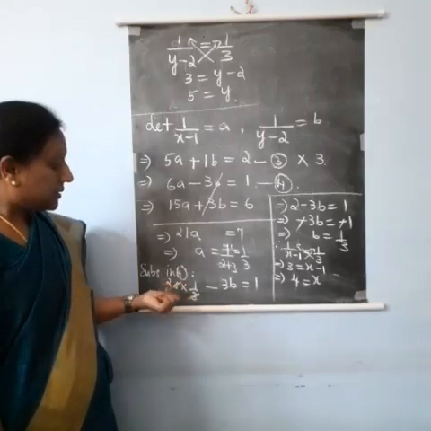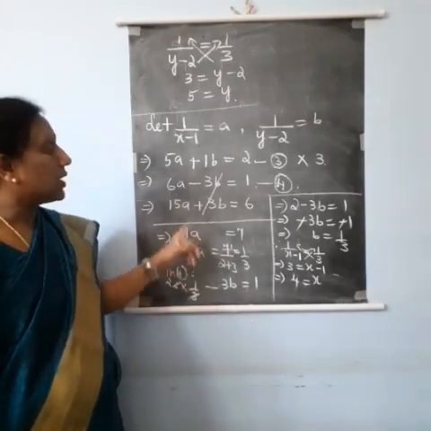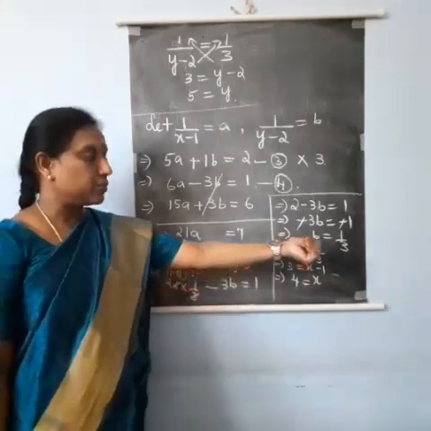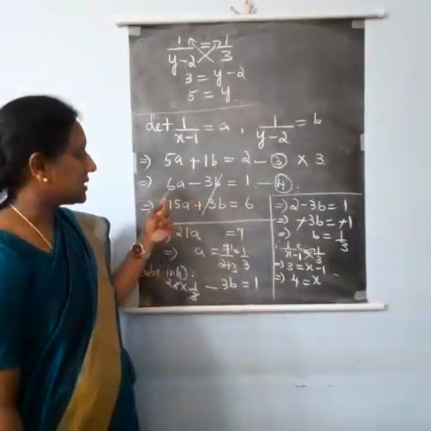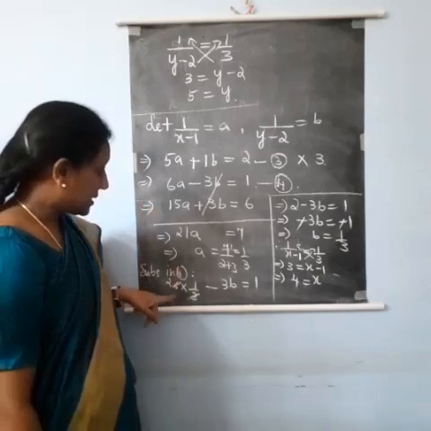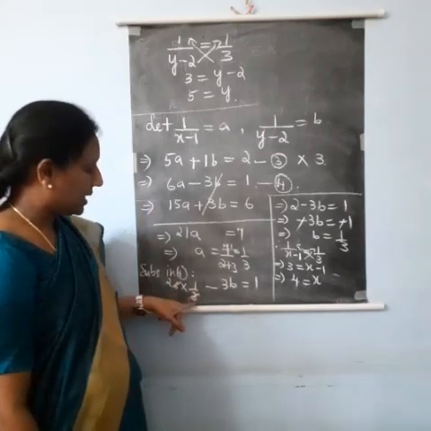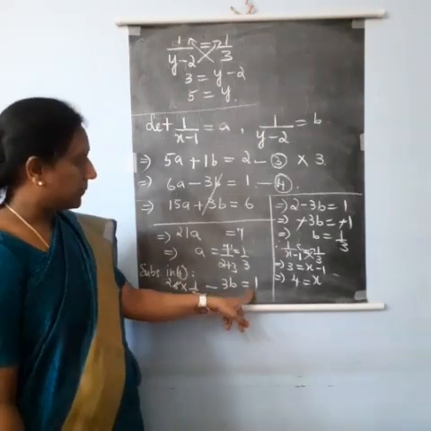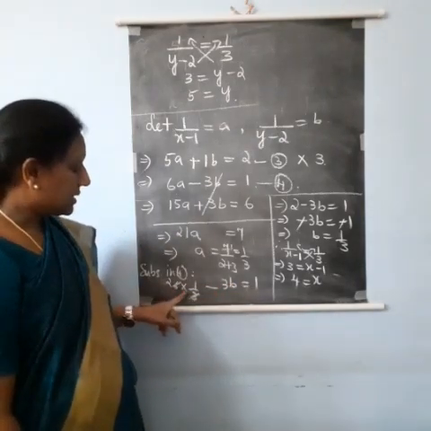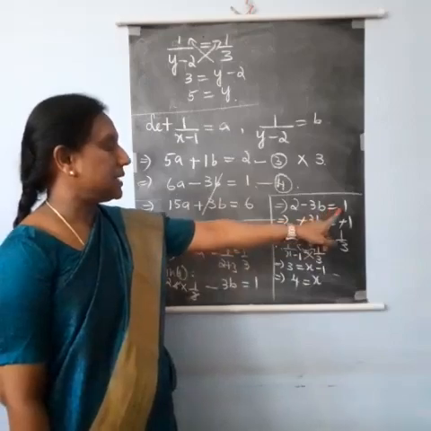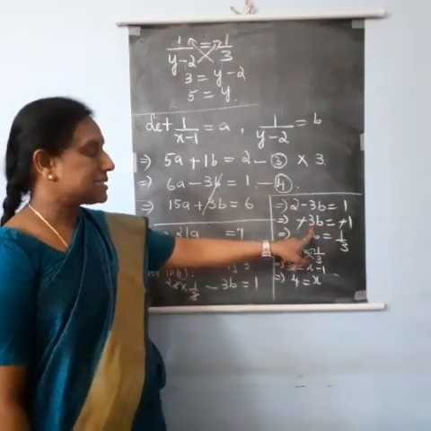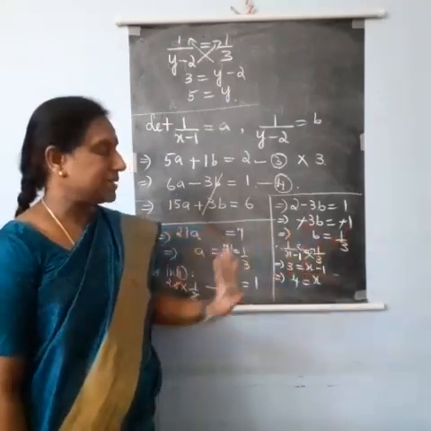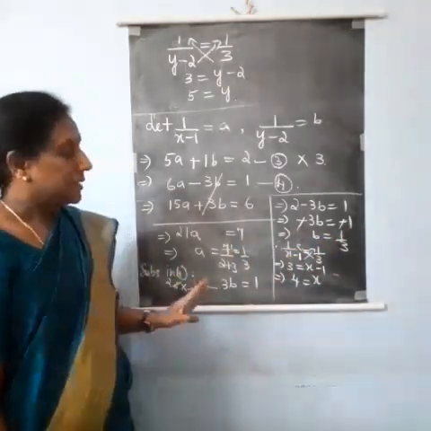Then substituting a is equal to 1 by 3 in one of these equations, we will get the corresponding value of b. I have taken it in the second equation, so you get 6 into 1 by 3 minus 3b equal to 1. Then when I have cancelled, I have got 2 minus 3b equal to 1, that is minus 3b equal to minus 1, b is equal to 1 by 3. Have you got it?